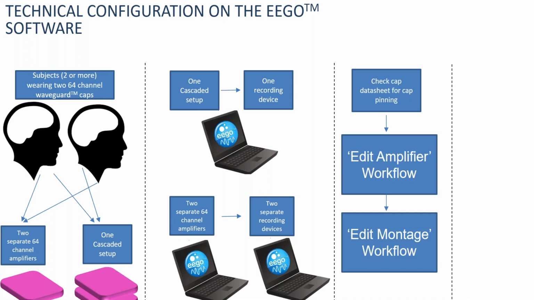Finally, what you do on the software, right? You have this workflow. So we have 2 of these administration workflows, one being the edit amplifier workflow. Now here you can actually adapt or copy from a default setup to be ready for a hyperscanning setup. What you would need to do here is to check the CAP datasheet, which is provided with any waveguard CAP that you buy from us.